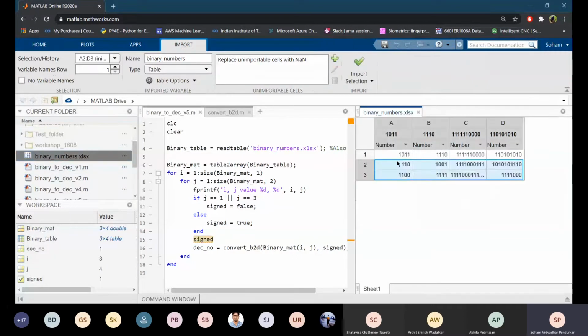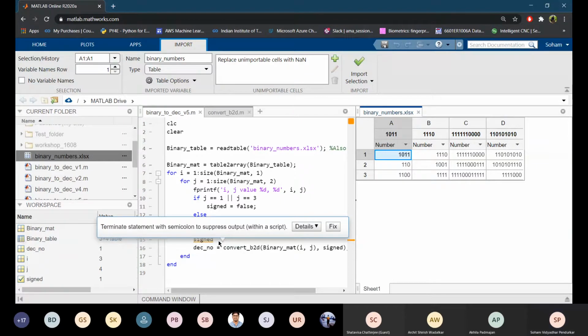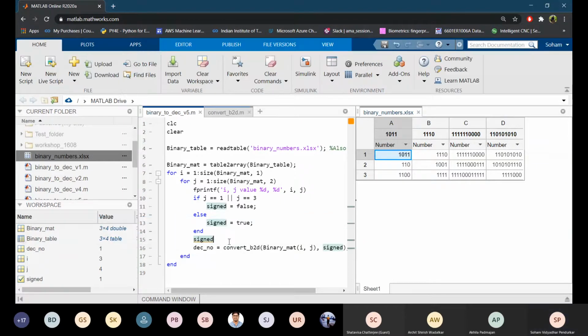So the decimal number is none. Let's visit this now. So 1011, binary mat ij. Maybe there is a problem with binary matrix ij that we are trying to see. So let's also print out binary i comma j.